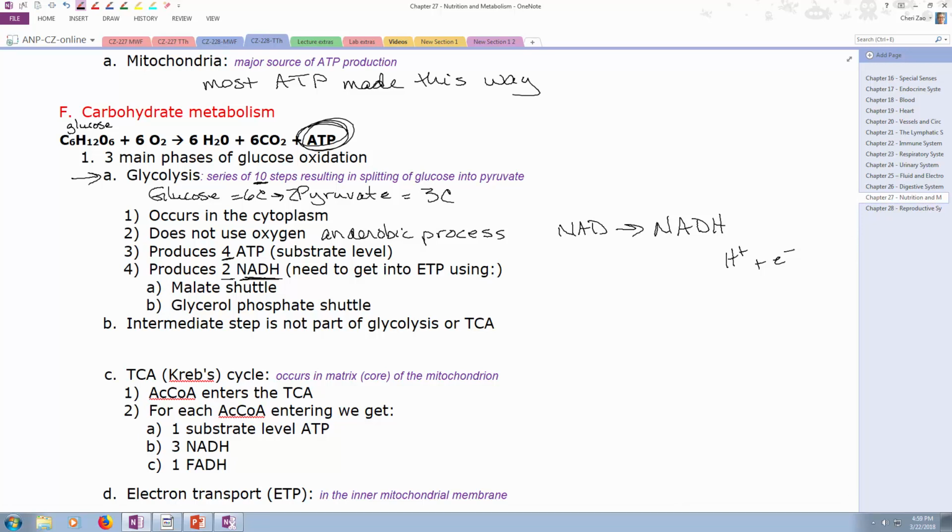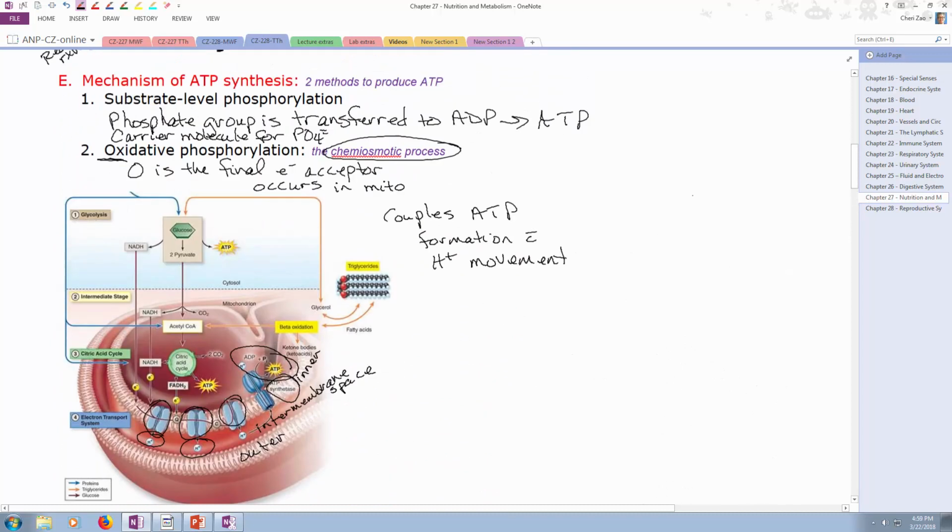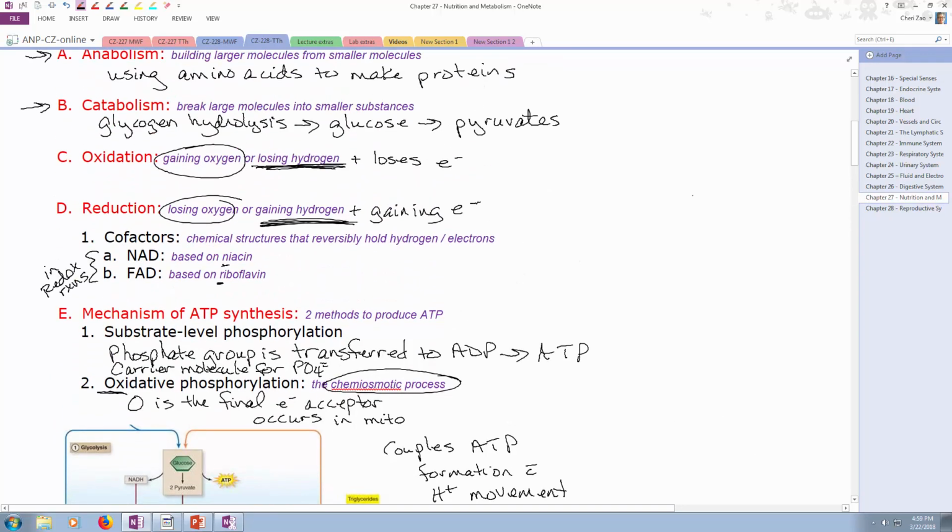One of these is oxidized and the other is reduced. Which one is this? Is that oxidized or is that the reduced form of that molecule? What's our definition of oxidation? That's not oxidized.